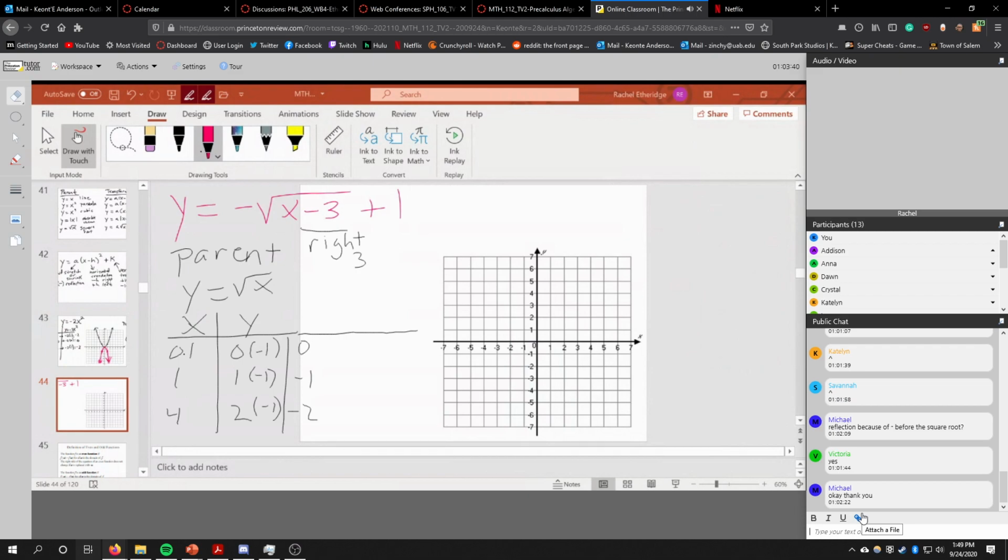Oh no, I'm writing on my wrong screen. So let me just fix this. I'm going to go to this won't let me. It's not going to let me erase.